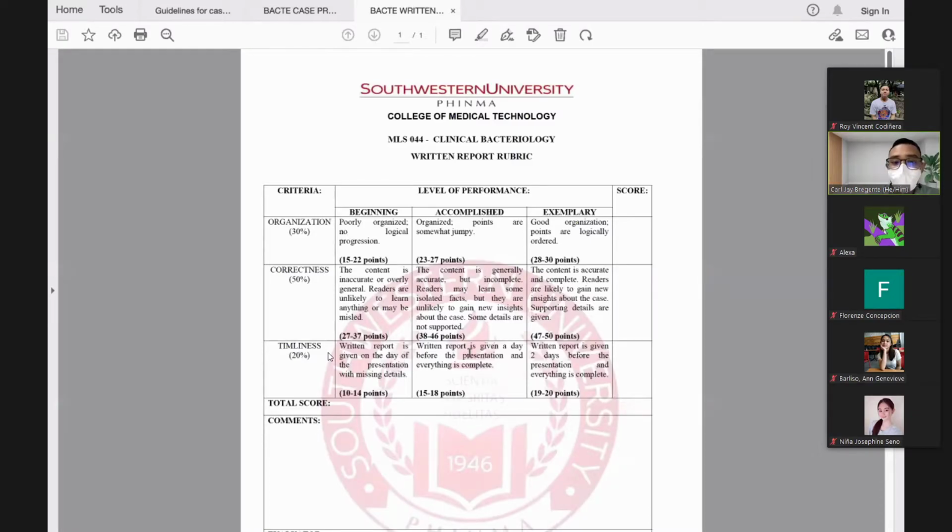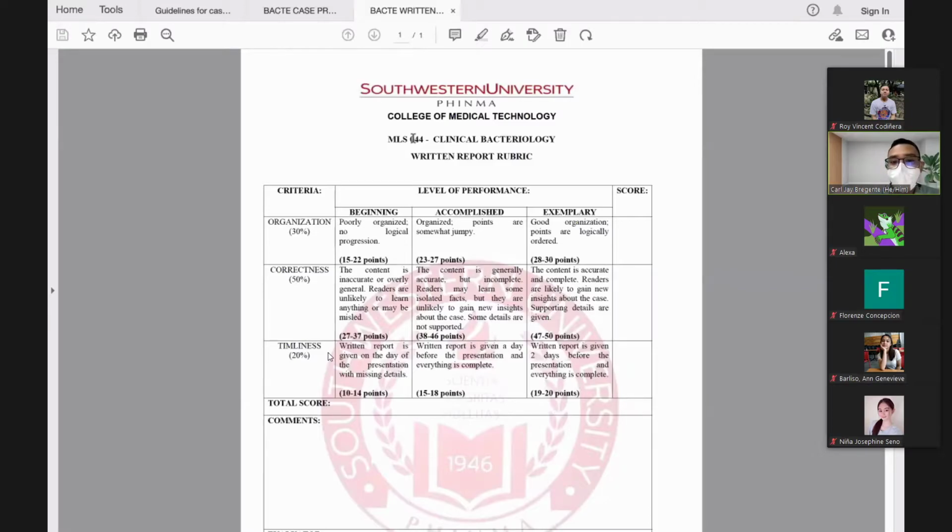You need to submit your written report to your classmates too, because during your case presentation, aside from the teacher asking the group who presented the case, we will also ask questions to the audience. You will be graded as well. This will serve as additional points for verbal examination.